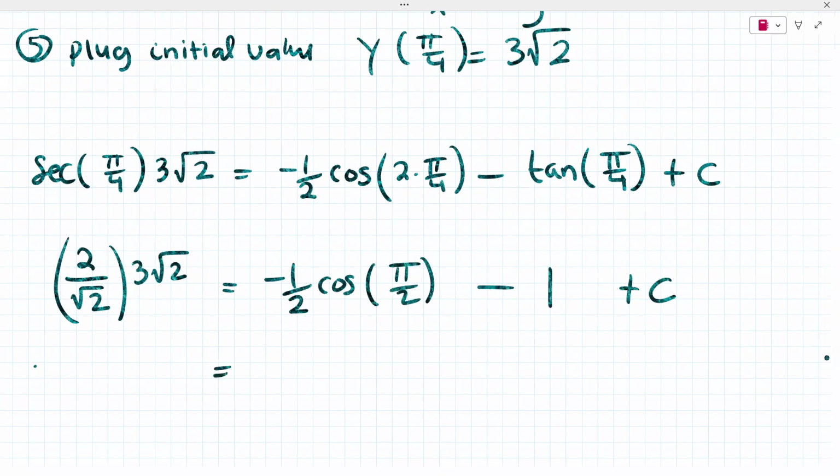By this, cosine of pi over 2 is 0. Then you still have this negative 1 plus c.